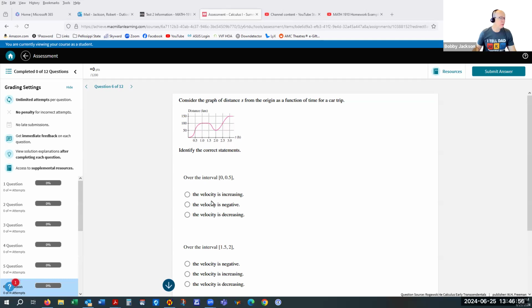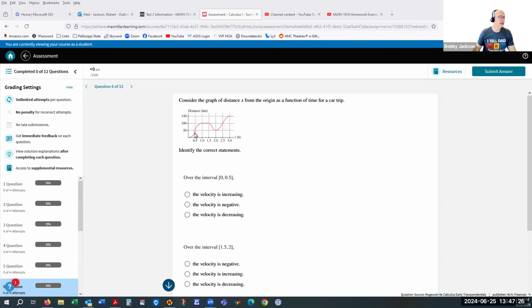And one of the choices is the velocity is negative, the middle choice. Well, right away, I can tell that's wrong because I just said the velocity, the rate of change, is positive at every point because the tangent line would be a line with positive slope. But also, as you move from left to right, because the curvature of this graph is such that the tangent line down here at about 0.2 hours has a slope that's less than, say, at 0.3 or 0.4.